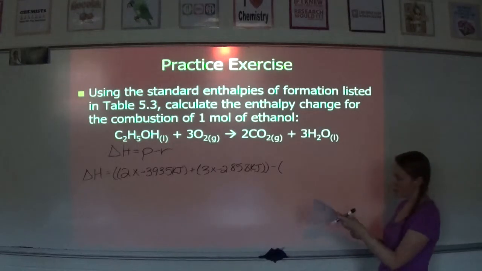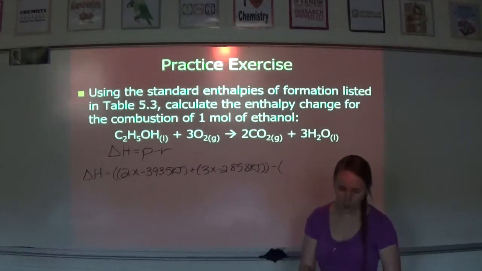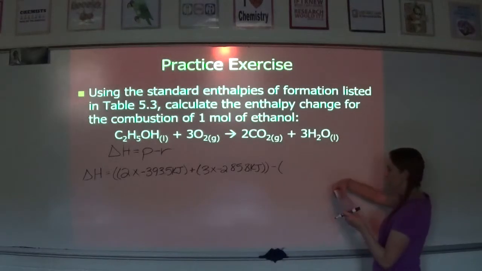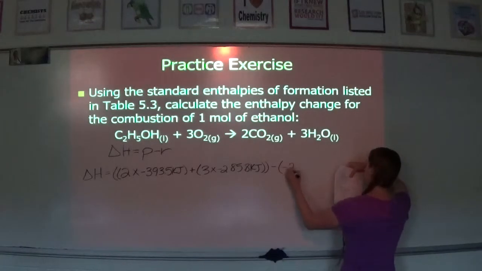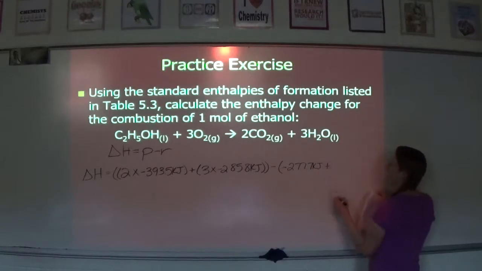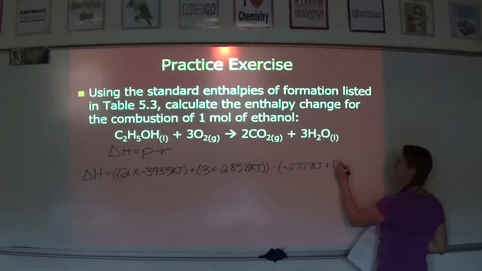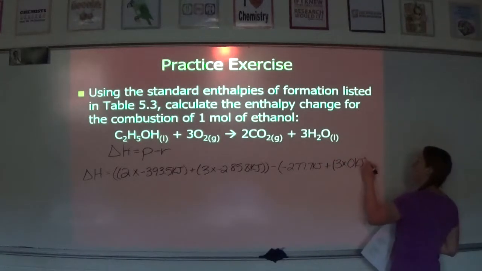So I have C2H5OH, which of course is not on my charts page. That means I had to look it up. So C2H5OH I found was negative 277.7 kilojoules. And then I'm going to add to that my O2 gas, which as always is 0. So I'm going to do 3 times 0 kilojoules.